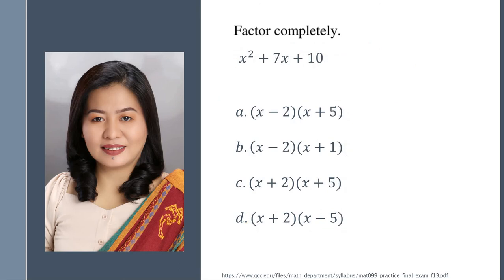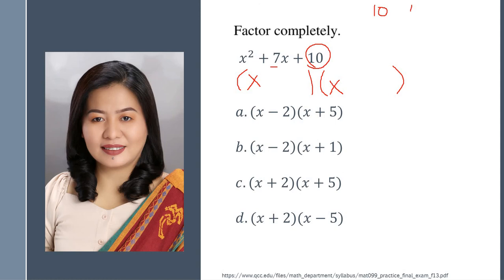Next. This time we have 3 terms. X squared plus 7x plus 10. So we're going to factor this. We can do trial and error or factoring trinomials. So factors of x squared are x and x. And then for the last term, you will have to think of the factors of 10 that gives you a sum of 7. So there are only two factor pairs of 10.